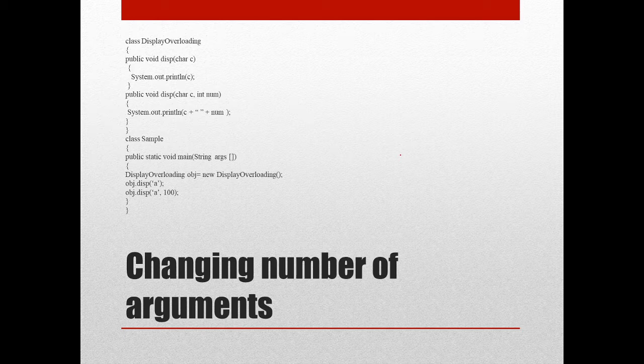Now, if we are going to change the number of arguments, let us consider this example. Let us assume that we have declared the overloading file name, and then we declare a method with a character c, and then we print the c. After that, we again declare another method with a character c and int num.